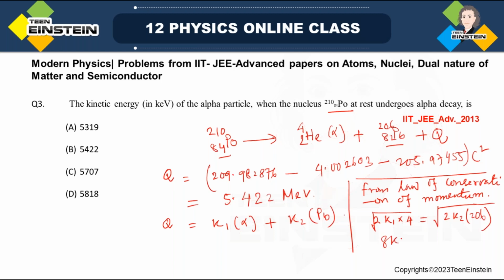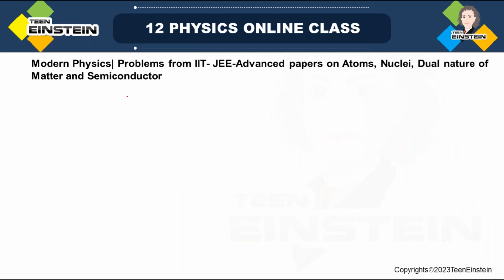That means this is 8K1 and this is 2 into 206 K2. So from here we'll find a relation between the kinetic energy of the alpha particle and the daughter nuclei. So we have obtained K1 equal to 103 by 2 into K2. This is one point.